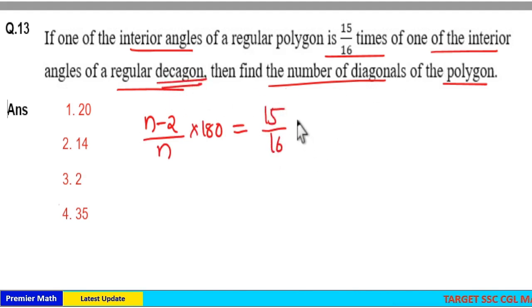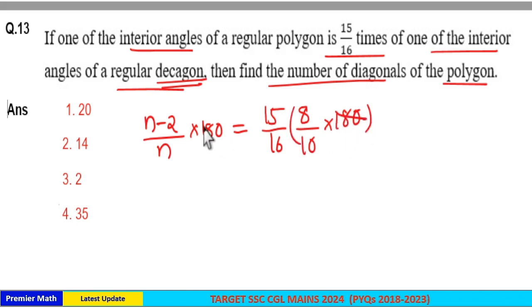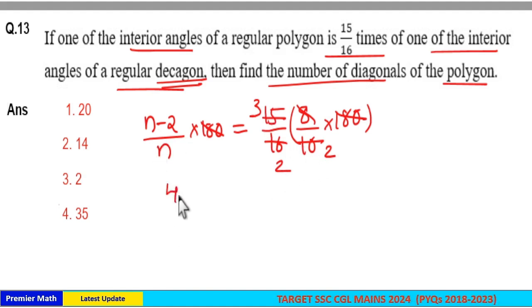Decagon means 10 sides, so 10 minus 2 is 8. 8 by 10 into 180 is interior angle of decagon. Now, 180 and 180 cancel. 5 goes 3 times in 15, 2 times in 10, 8 goes 2 times in 16. So, 3 by 4 is equal to n minus 2 by n, which means 4n minus 8.